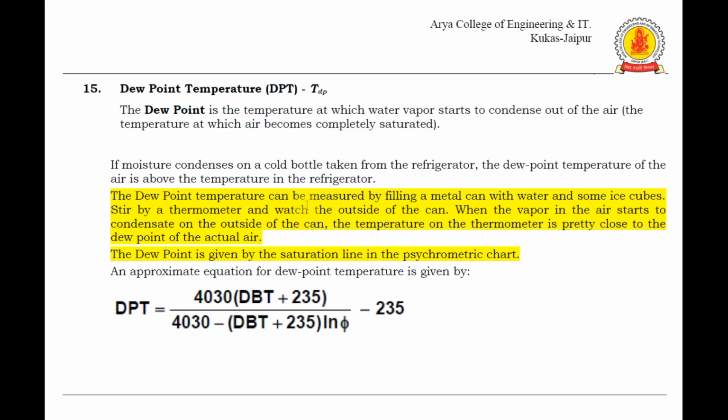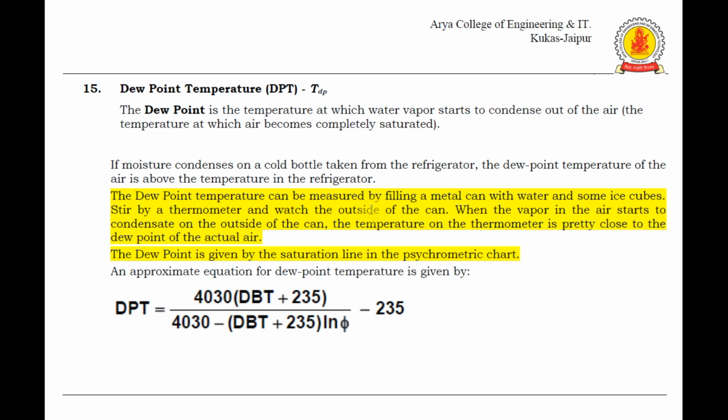The dew point temperature can be measured by filling a metal can with water, putting a thermometer in it and putting some ice cubes in it. We will wait some time and note the temperature when the dew starts to condense outside the can. So it is a measurable quantity. We don't have to calculate it.